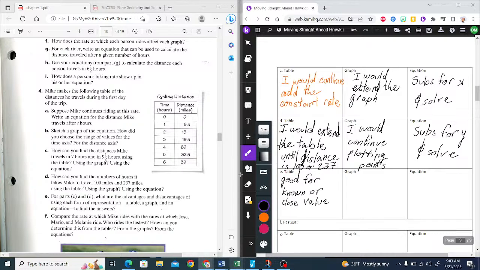It's also good for multiples of the rate. So if you have multiples of the rate, then it's good. The graph, it's good for known values again, and for close values. It also makes a good estimation tool.